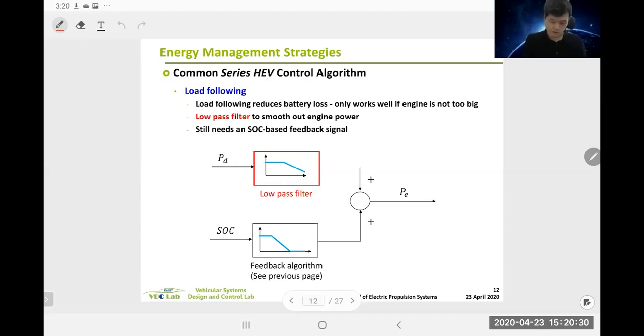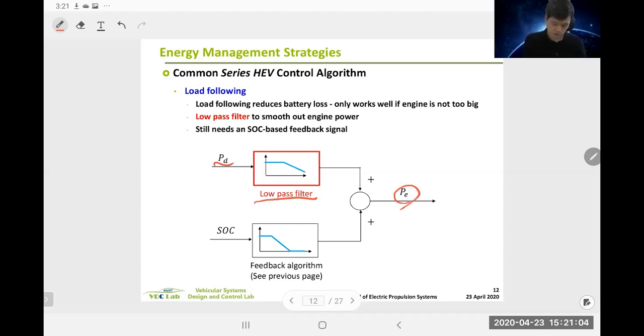In the big picture, you want to follow the load, meaning the engine should provide the power demand, but we're going to put a low pass filter on the power demand so the engine does not have a lot of transients.